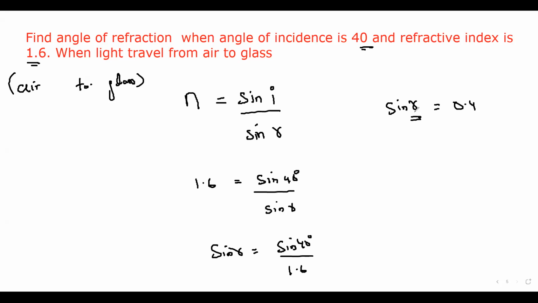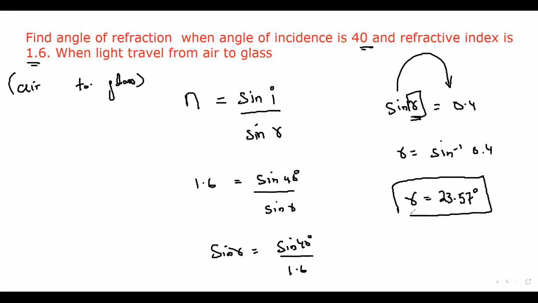But we need only r, so the sine will move to the other side and turn into sine inverse. So it will be sine inverse 0.4, and this is 23.57. So the value of r will be equal to 23.57. Is it clear?